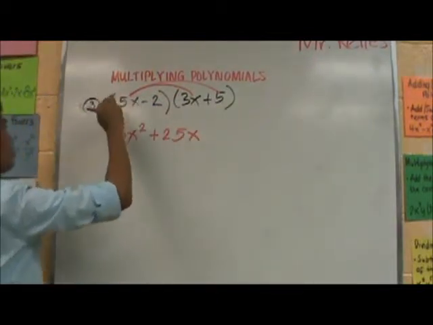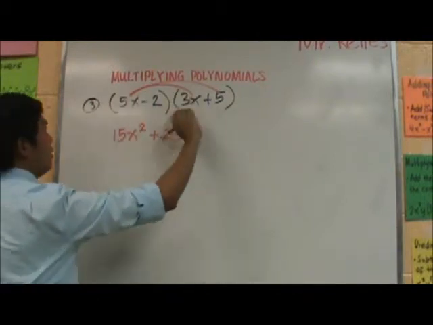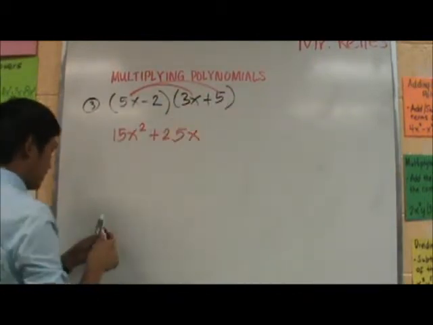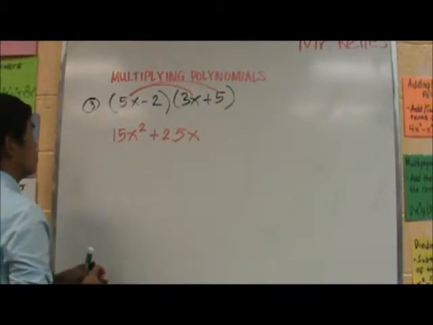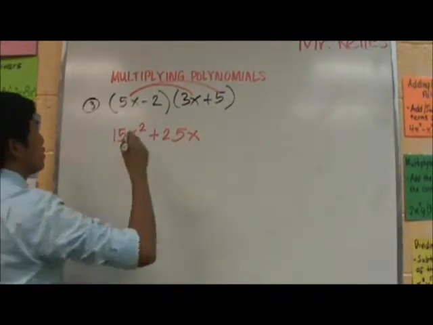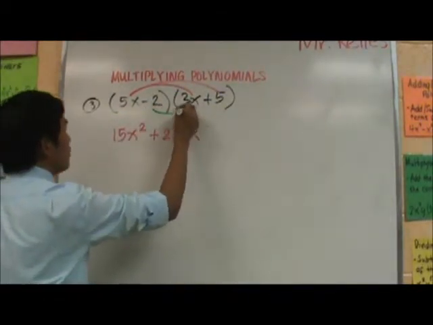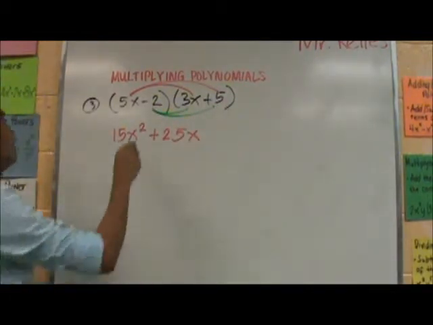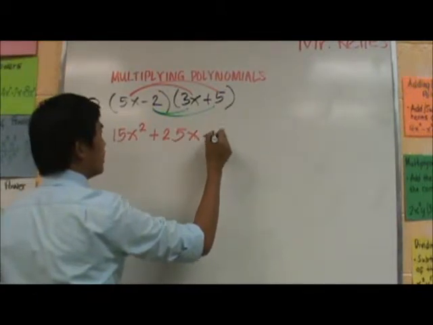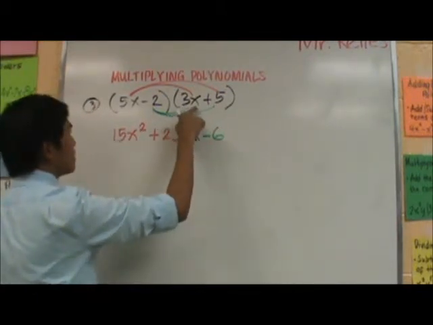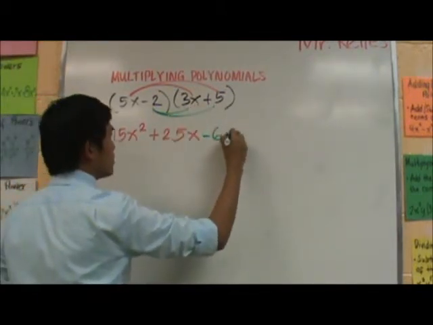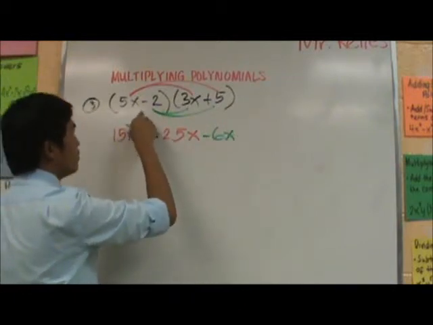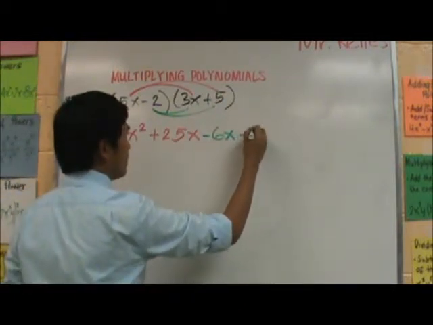So we're done distributing 5x to both terms in the second binomial. This time we will distribute negative 2 to both of the terms in the second binomial. So negative 2 times 3 is negative 6, but because 3x has x, we're just going to copy the x. And now negative 2 times 5 is negative 10.